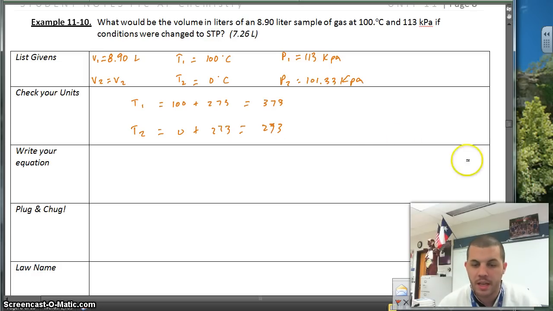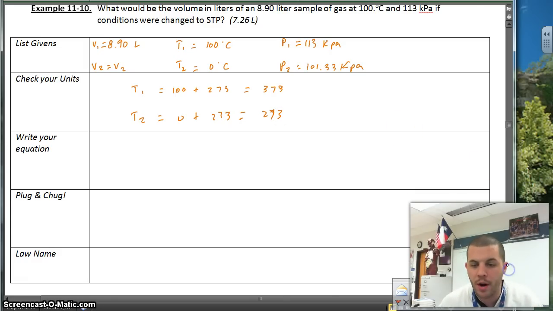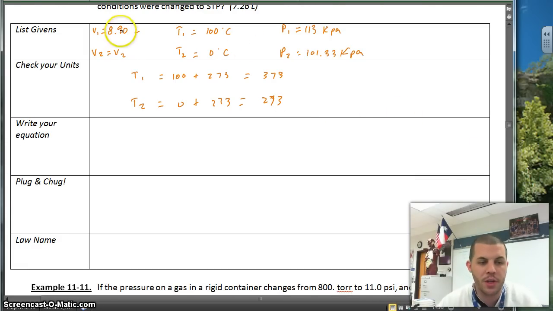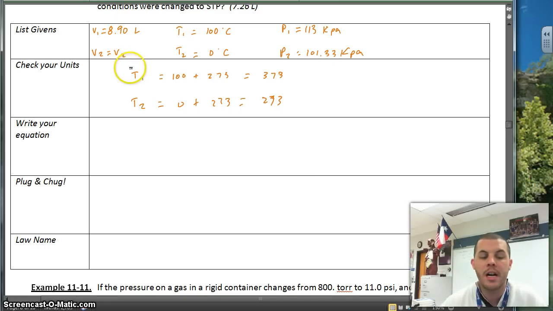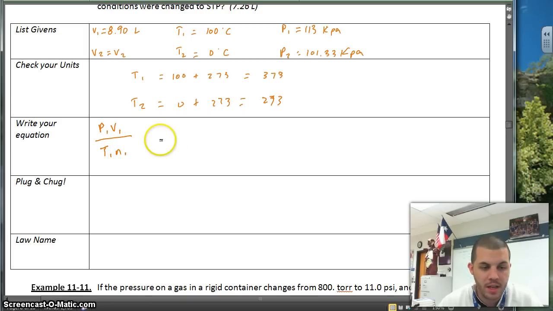Okay, now our equation, you're probably already noticing that we've got multiple things that are changing. It's not just a 2Z problem, now it's a 3Z problem. So we're going to use what we call the combined gas law for this problem, where I've got P1 times V1 over T1 times N1 equals P2 V2 over T2 N2.